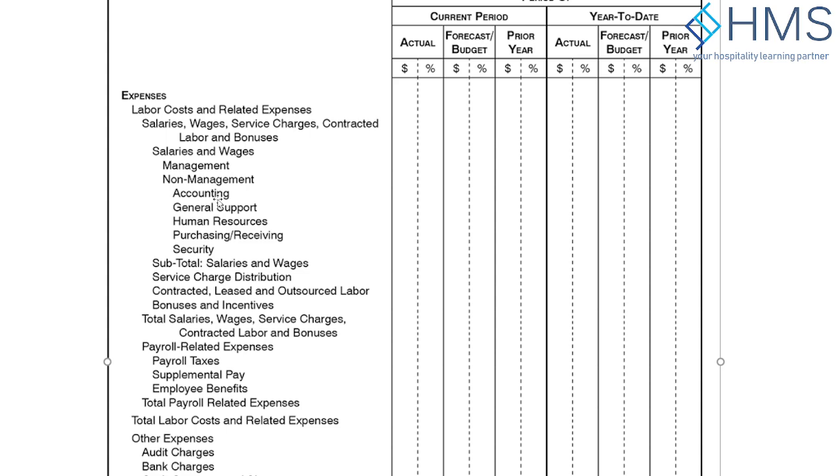The financial controller or the director of finance would be considered in a management position rather than in accounting. The managerial positions in finance, like the finance manager, chief accountant, and assistant financial controller, all go to management. But the supervisory levels, the accounts payable team, the entire credit team, the entire general accounting team, and the cost control team would go into the accounting department.